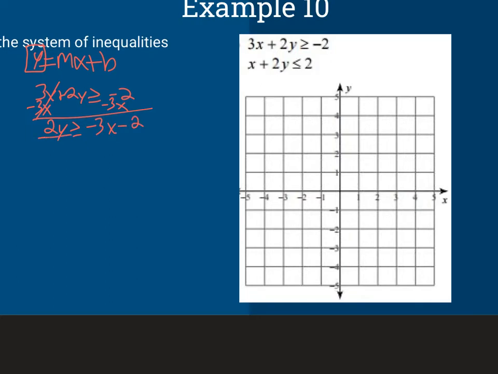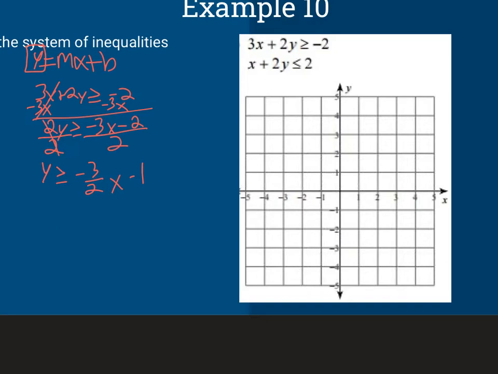I'm going to divide by 2 to get that y by itself. And I've got y is greater than or equal to negative 3 over 2x. Negative 2 divided by 2 is negative 1, so minus 1. So that's my first equation I'm going to graph.